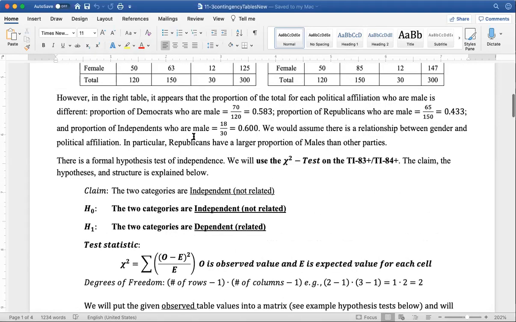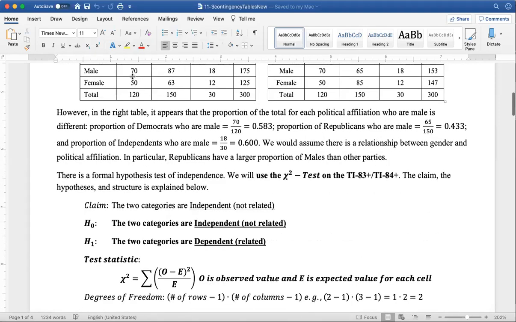So we have 6 different values in here that make up the 300. For each one of those, we would take the observed value, subtract what is expected, square it, divide it by the expected number, and then add those up for all 6 of the cells.